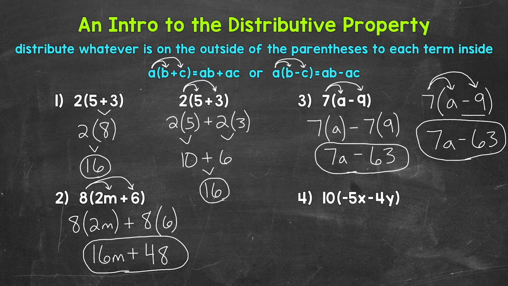Let's move on to number 4, where we have 10 and then in parentheses, negative 5x minus 4y. Let's distribute the 10 to the negative 5x and to the 4y.